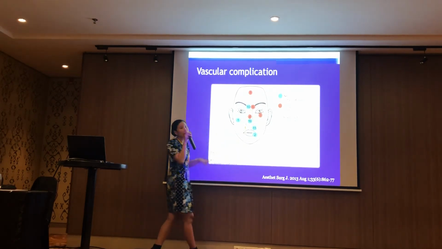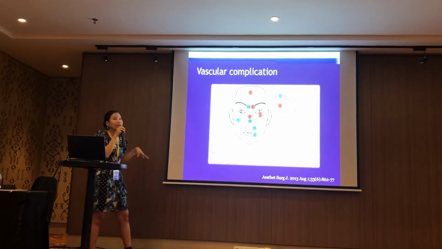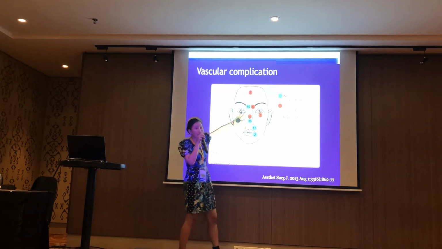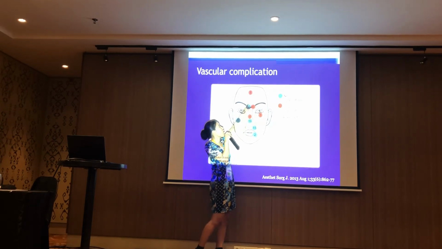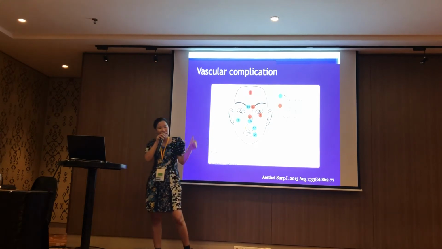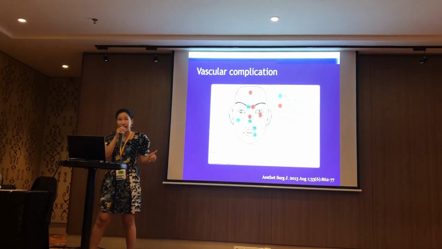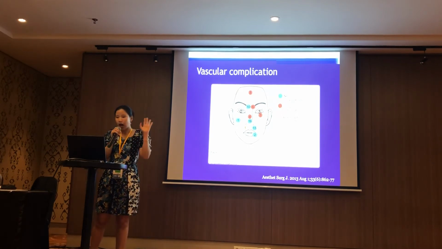The reason why Asians have more blindness than Caucasians is because we treat more in this area. We have a flat nose, covering the eyes, forehead, everything. So the Asian practice injects in a really more dangerous area than the Caucasian. So that's why we have a lot of problems.